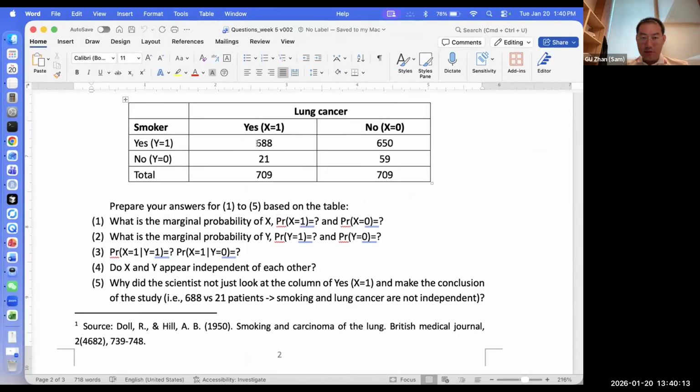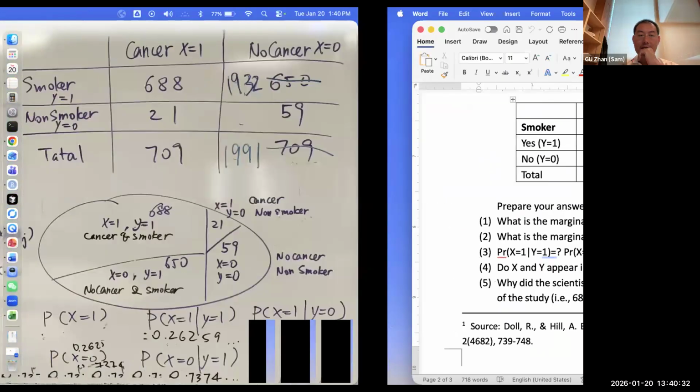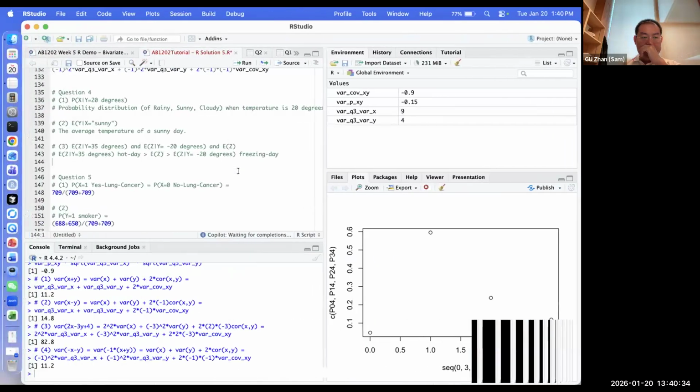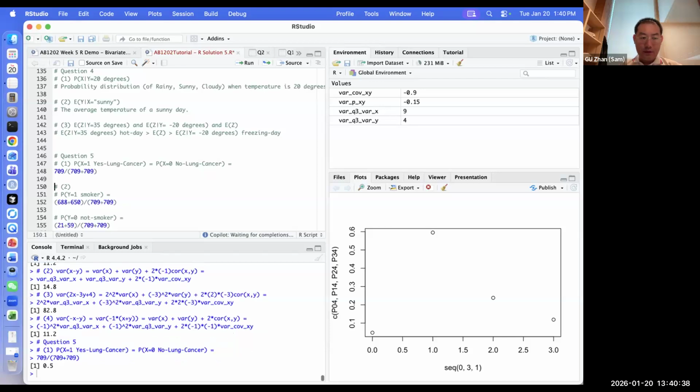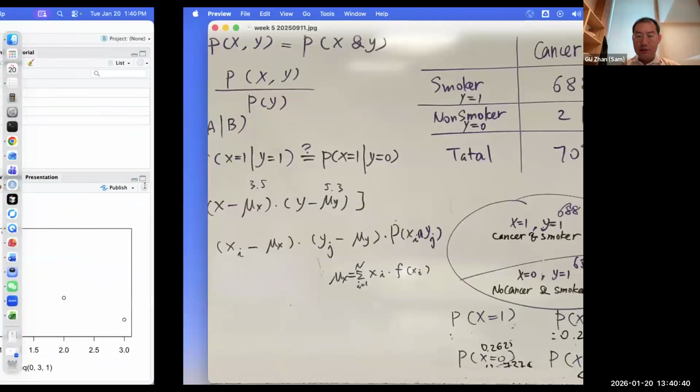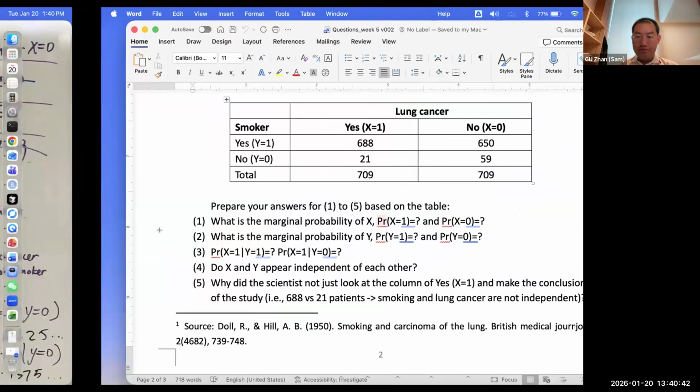Lung cancer, you have 709. 709 versus the entire population, 709 times 2, so I get 0.5. Question 1, you get 0.5.